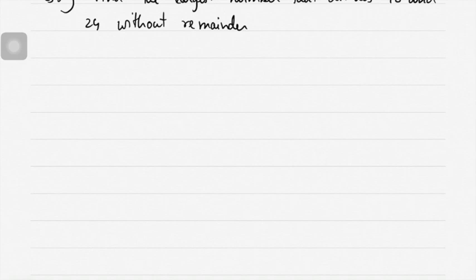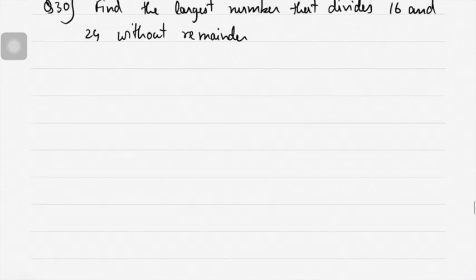Find the largest number that divides 16 and 24 without remainder. Now, whenever in the question you have to find a number which divides other numbers, if this is there in the sentence, that means HCF is asked.